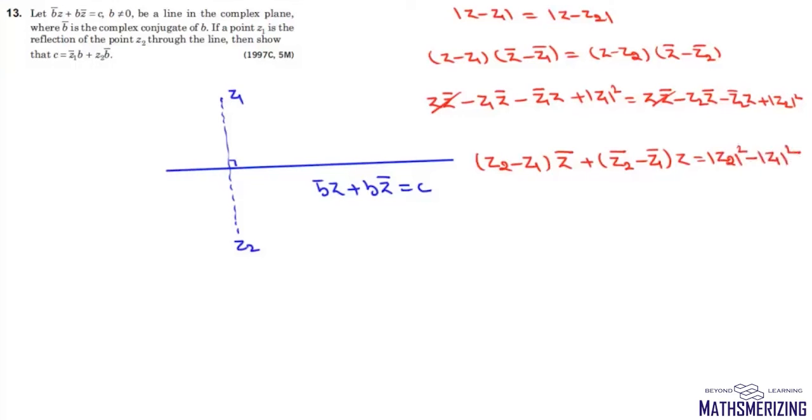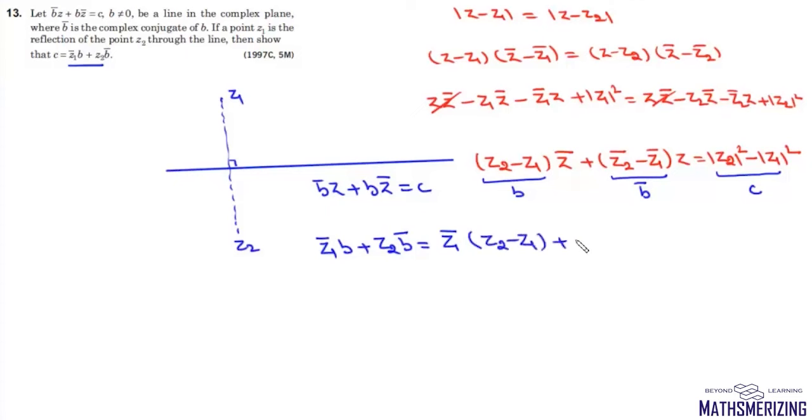Z1 square. Now if we compare it with this given line, that means this is B, this is B bar, and this is your C. Now first we'll find Z1 bar B plus Z2 B bar. It will be Z1 bar, and B is Z2 minus Z1, plus Z2 into Z2 bar minus Z1 bar.